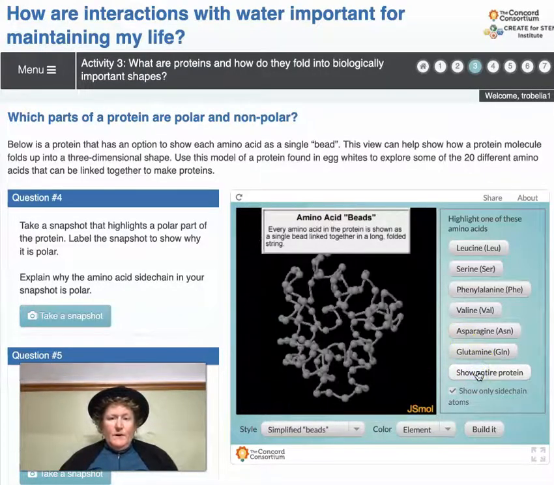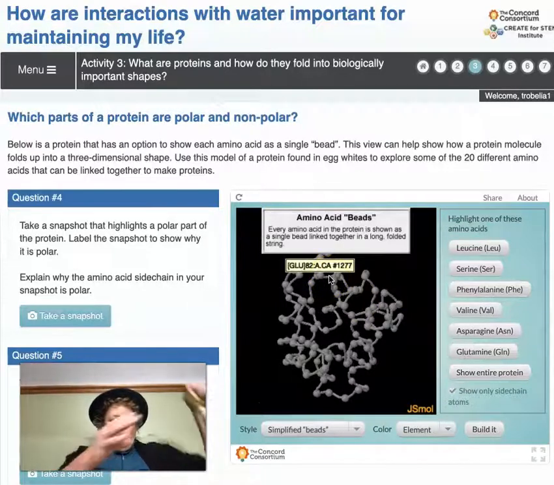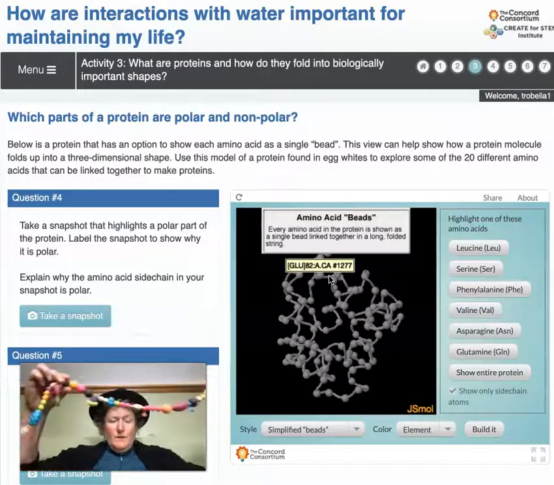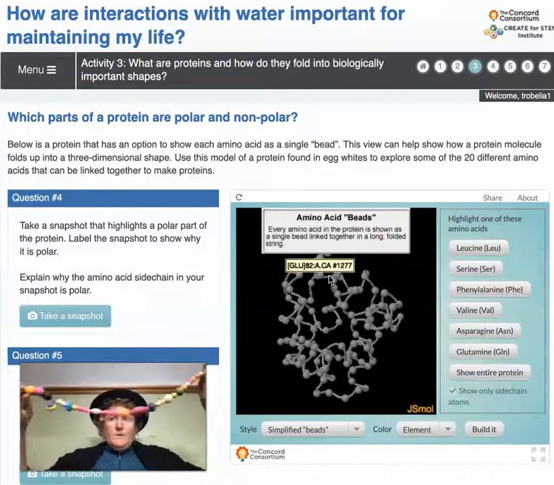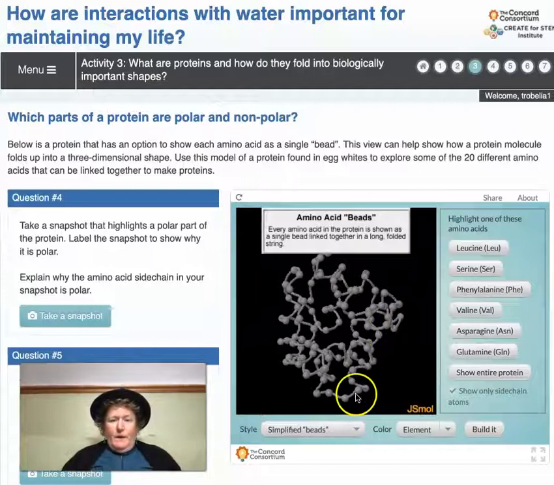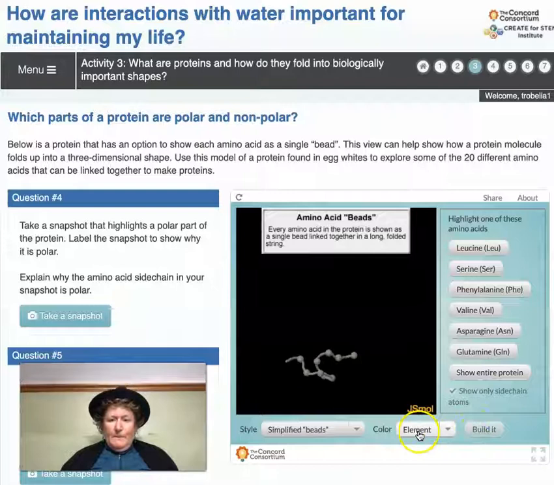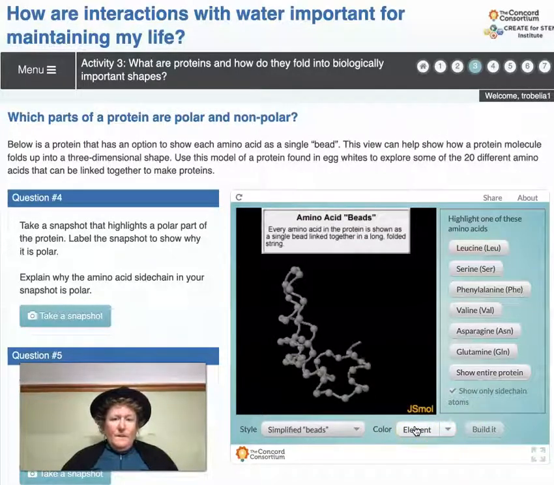Let's show the entire protein. Those beads are kind of like the beads on the string model we're using here, where each bead represents a different amino acid. We can build this protein. You can see how the amino acids are put together here.